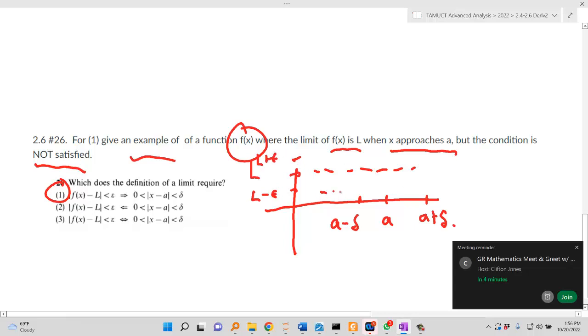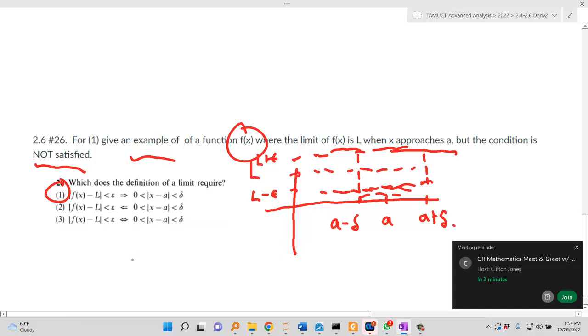When you're talking about a limit, you want the function to lie in this box, where the x limits are a minus delta to a plus delta and the y limits are L minus epsilon to L plus epsilon. Sorry about the junky picture. But this is saying that whenever f of x minus L is less than epsilon, then x minus a must be less than delta.